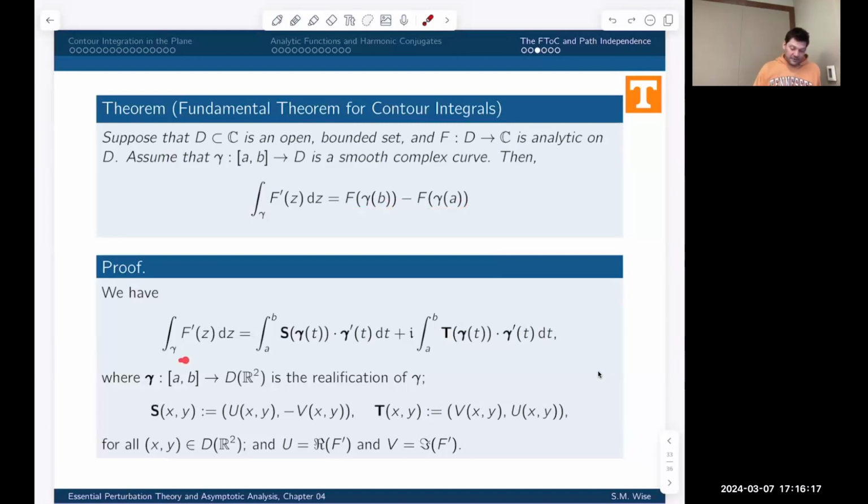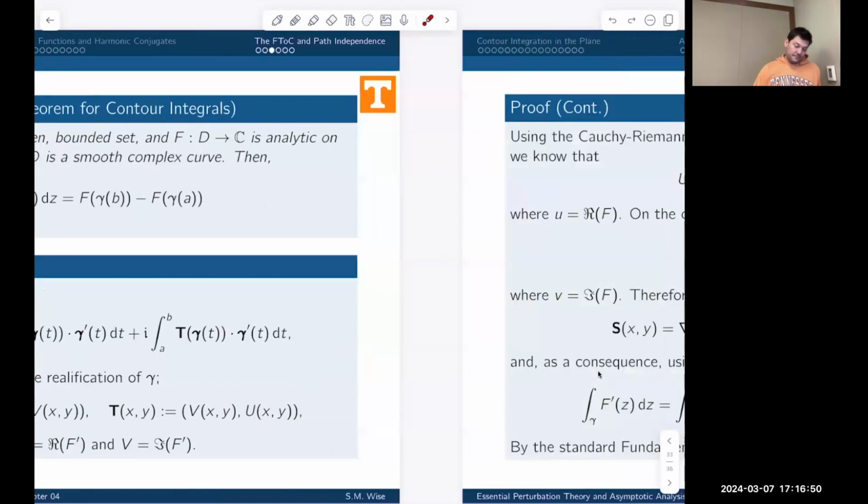We already proved that this would be equal to these real integrals, where s is equal to capital U minus capital V, and t is equal to capital V, capital U, where capital U and capital V are the real and imaginary parts of f prime. Because this is just an ordinary contour integral. So we transform it to these real integrals, but now we know exactly what we need to do.